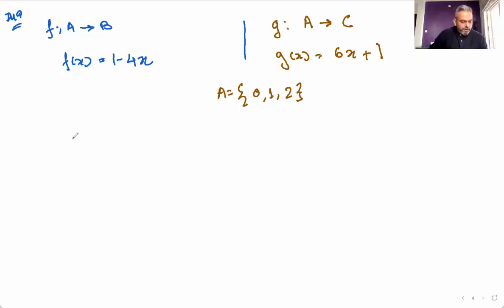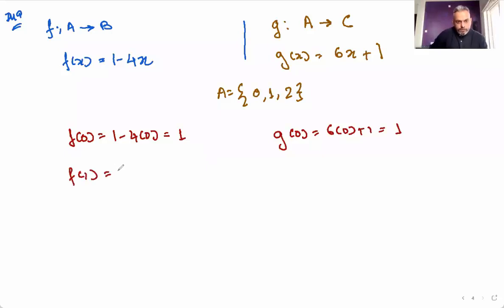So we have to take the values and check. For x is equal to 0, f of 0 is 1 minus 4 into 0, which is 1 minus 0, so 1. g of 0 is 6 into 0 plus 1, which is equal to 1. f of 1 is 1 minus 4 into 1; 4 ones are 4, 1 minus 4 is minus 3.